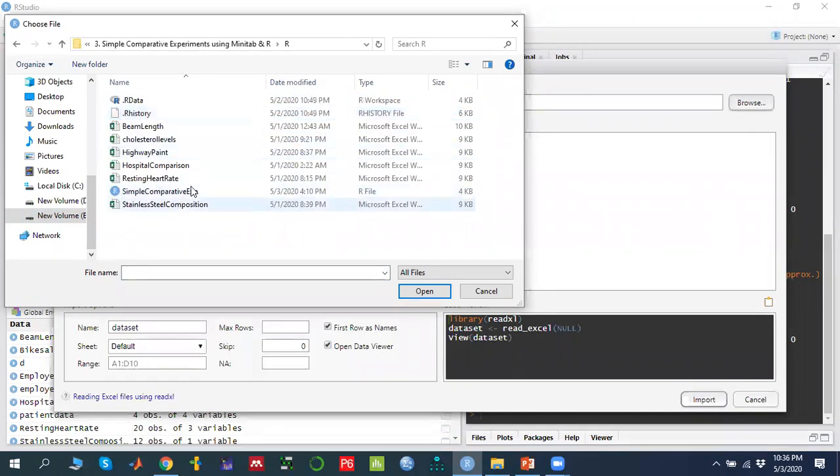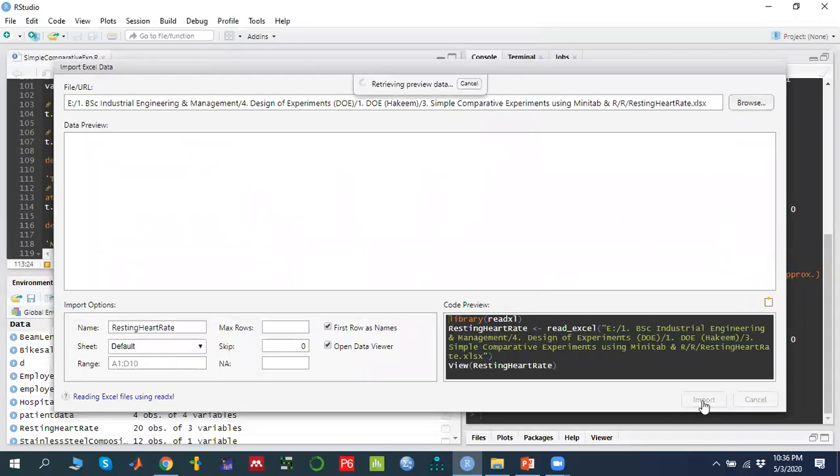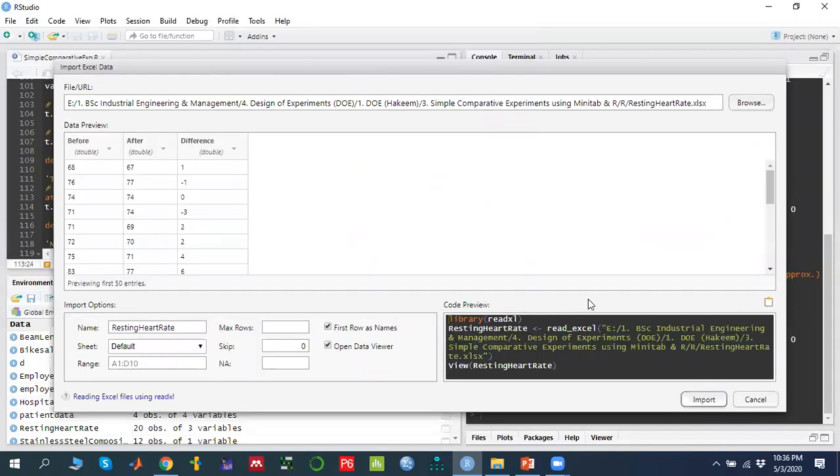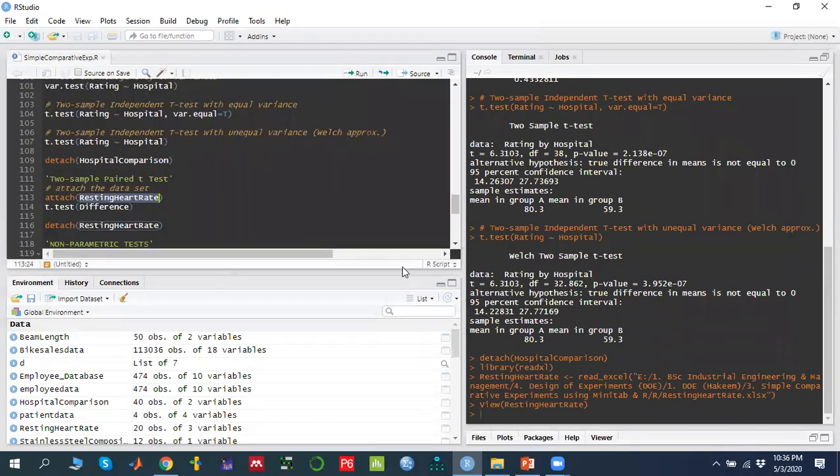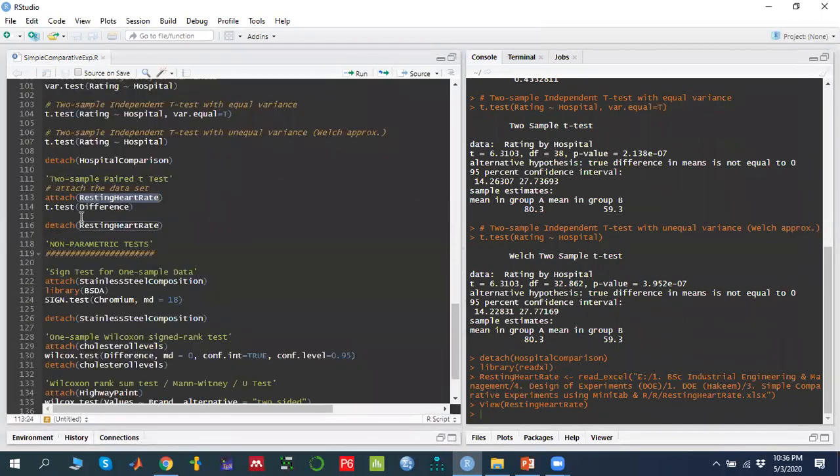The data is resting heart rate. Okay, import this data set. So this is the data set before and after the resting heart rate, and this is the difference variable. And then we can attach this data set.